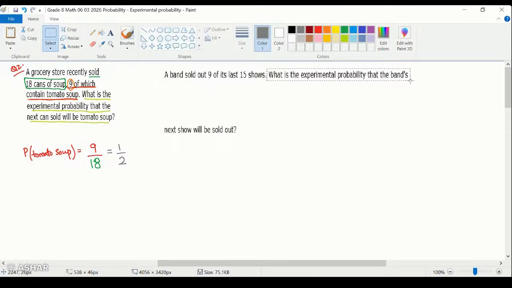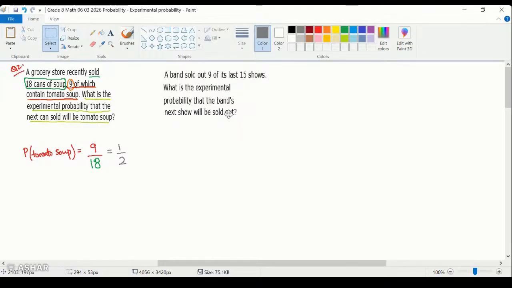What is the experimental probability, or what is the probability that the band's next show will also be sold out? How many shows did they sell out? Sold out 9 out of 15 shows, right?